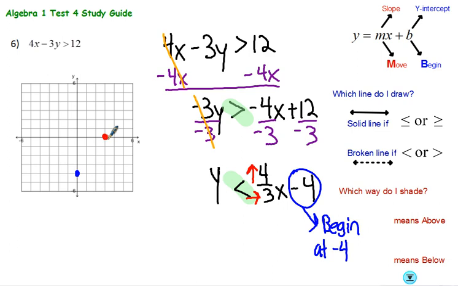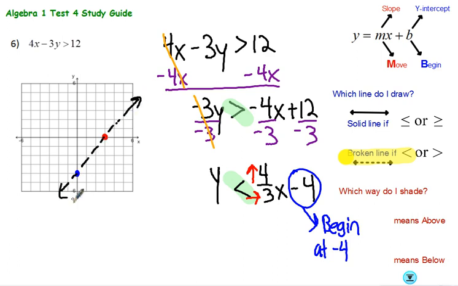And let's check that whole solid broken thing. Well, I don't see a line underneath there, so that tells me it's going to be a broken line, because it's a less than. And so I'm going to draw a broken line. So I'll have something that looks like that.